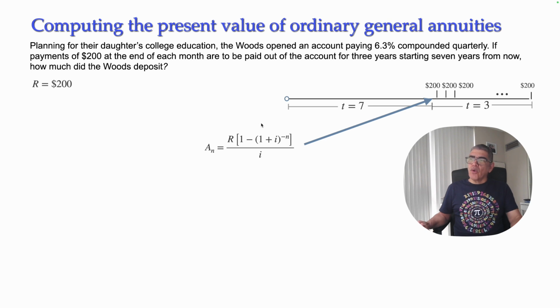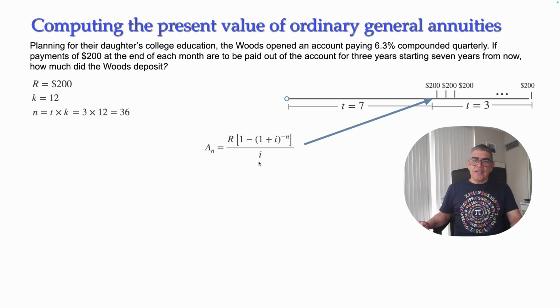We know how many payments per year, and the payments are at the end of each month. So there will be k equals 12 payments per year, and I symbolize as k the number of payments per year. These payments happen during 3 years, so the number of payments will be 3 multiplied by 12, so it will be 36.